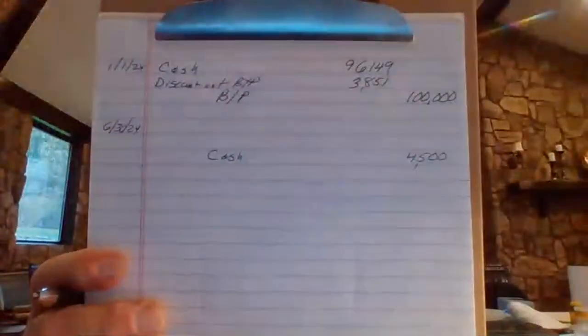So on June 30th, 2024, we have our first interest payment. Okay, so we're going to pay cash. How much cash are we going to pay? $4,500. What is that going to do? Well, we're going to have interest expense.